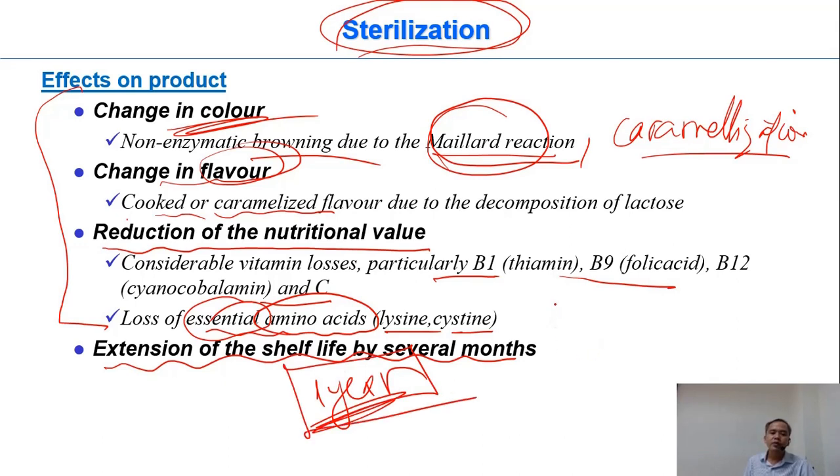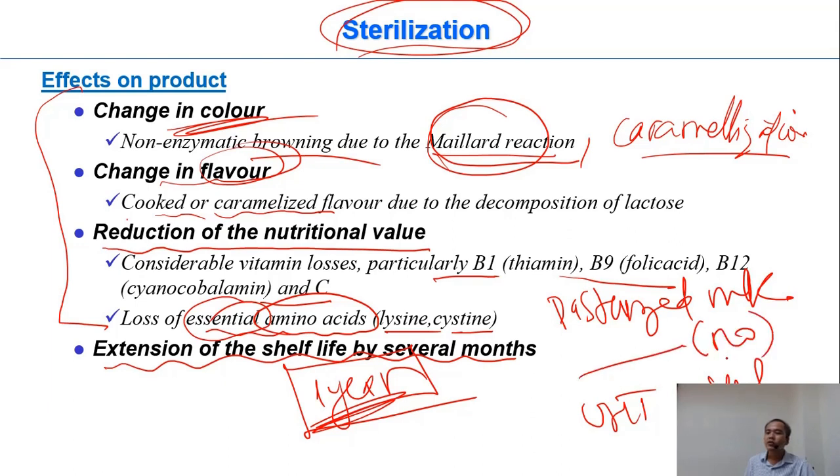In Vietnam, do we have pasteurized milk? Yes. Do we have UHT milk? Yes. Do we have sterilized milk? You don't see it in the market. Normally, they sterilize milk in a bottle, either plastic or glass, and the milk looks quite brown in color.